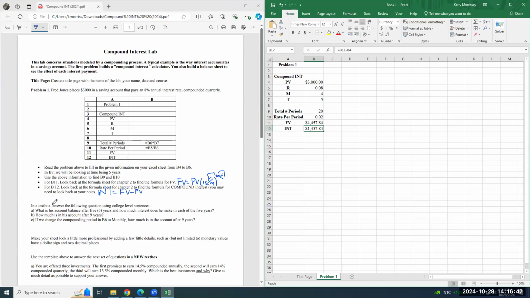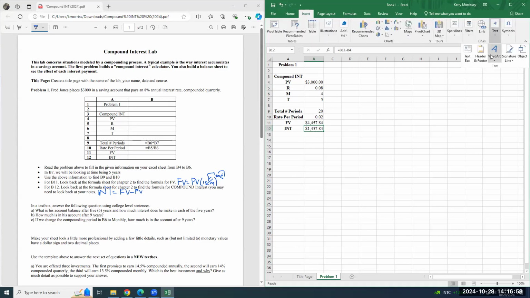So let's go ahead and look at the text box. It says, in a text box, answer the following questions using college level sentences. So describe some of these values based on what we have. Let's go ahead and insert the text box.